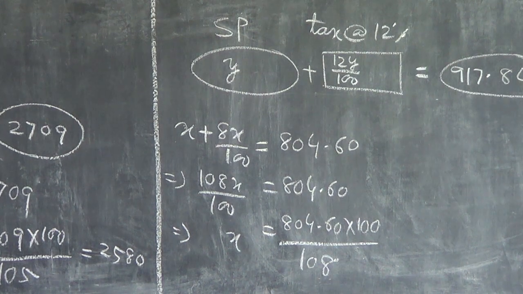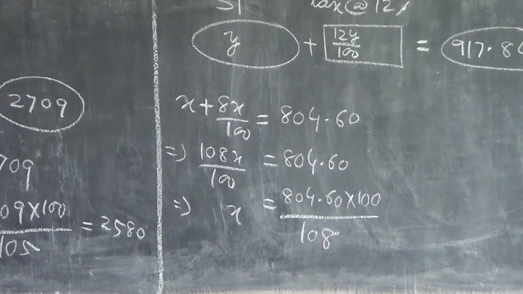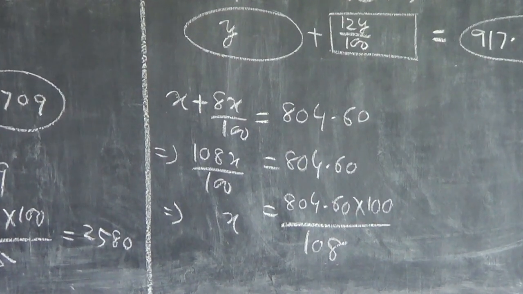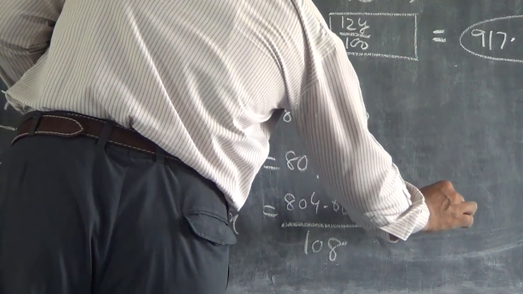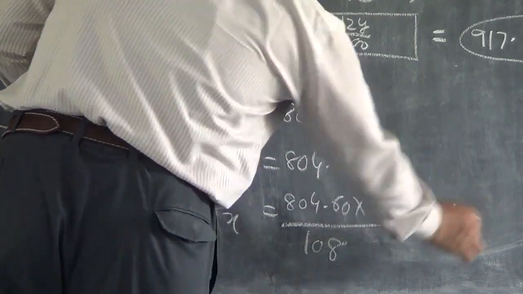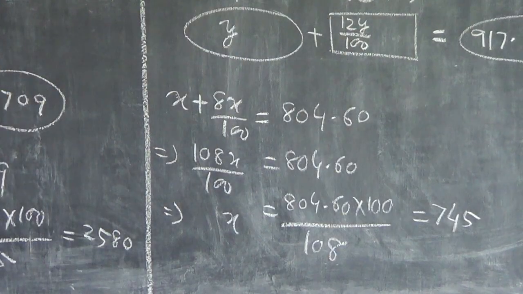So 804.60 into 100 divided by 108. Answer is 745 rupees.